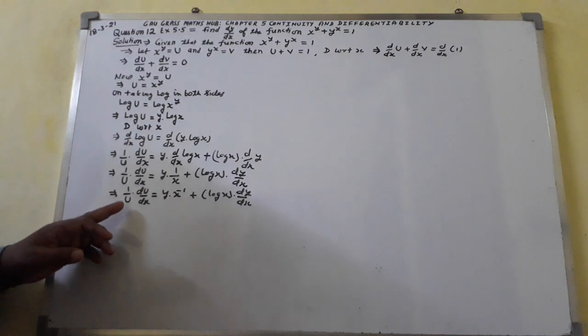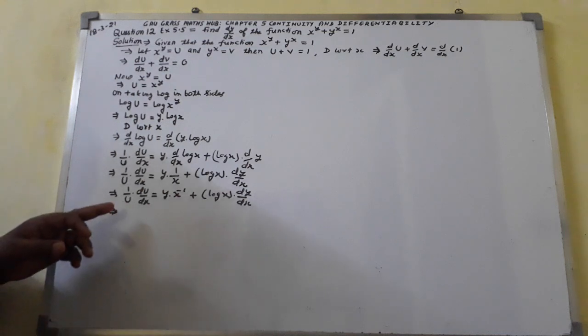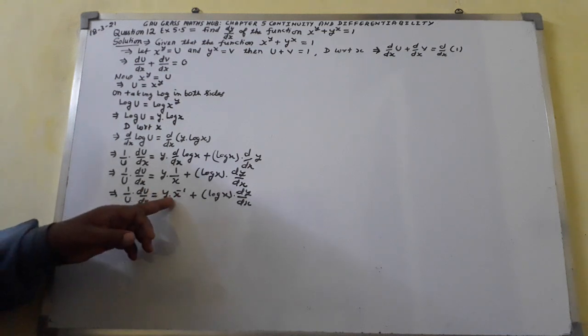Now here you can see in the left hand side u is available in denominator. So u will be thrown back to right hand side.